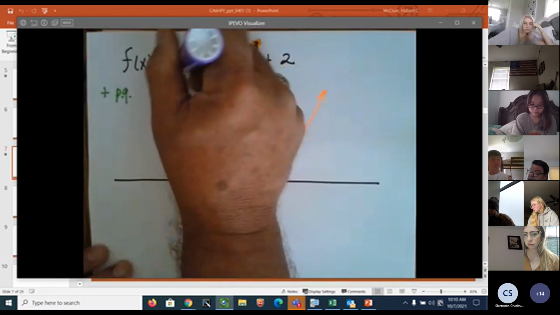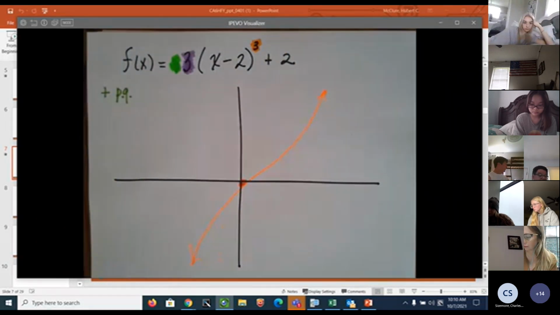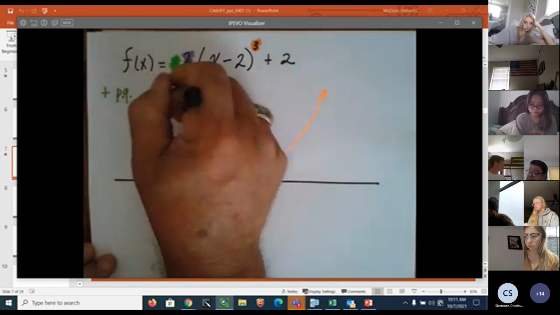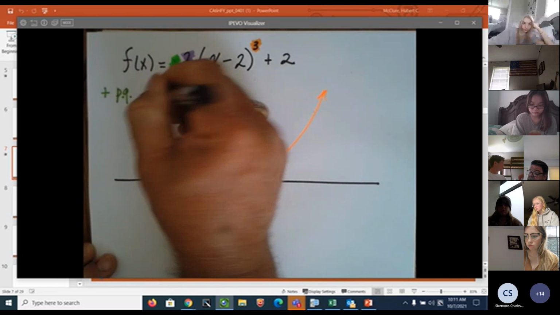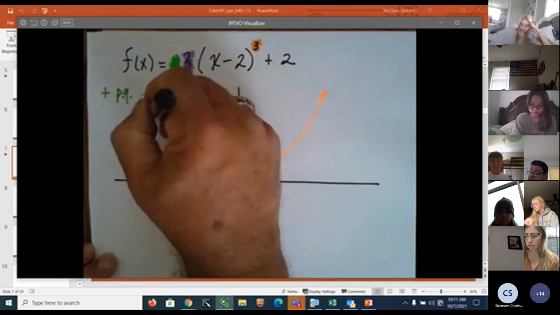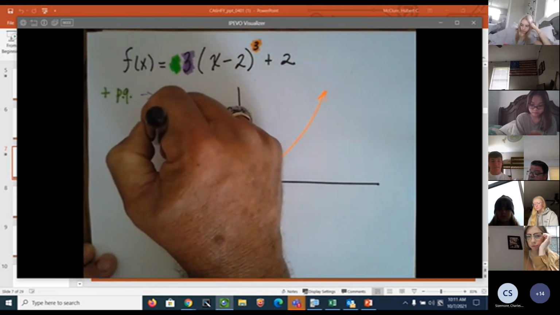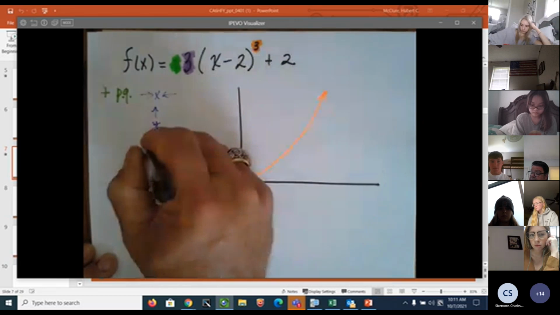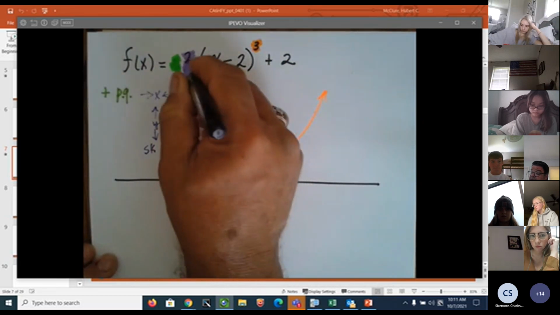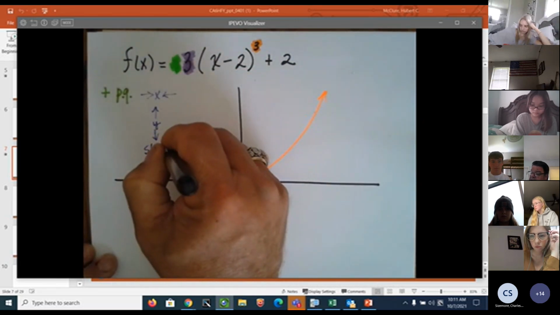The 3 tells me that I am being compressed along the x-axis and I'm being stretched along the y-axis. So that means that the 3 means skinny.